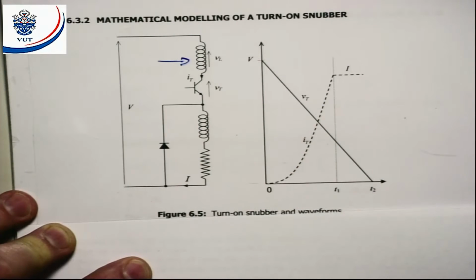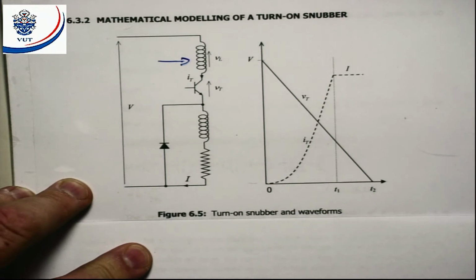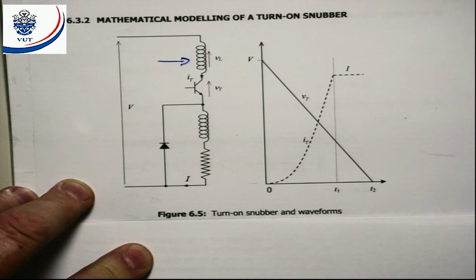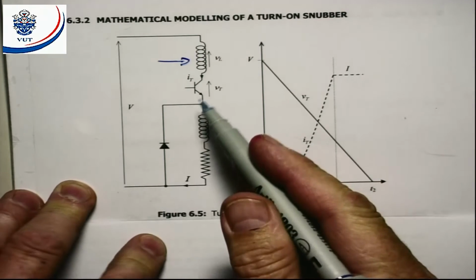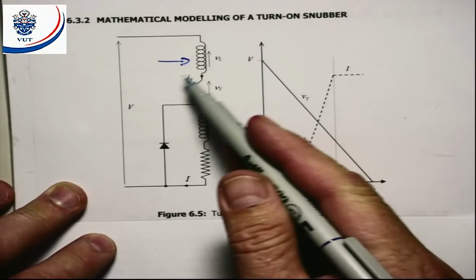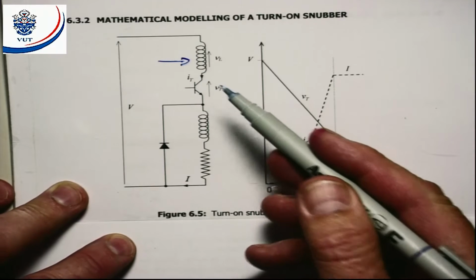So it's a two-way answer for a problem for one device: limiting the rate of rise of the on-state current to keep it below the critical, and also to minimize the power that is dissipated in the device. Now both these things that I've just said can destroy the device.